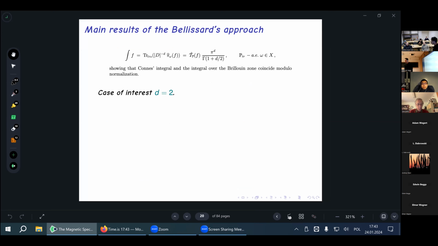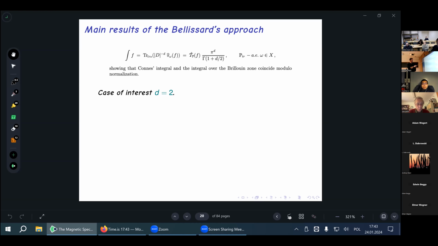There are some interesting results obtained by Melissa with this construction. This is the first interesting result that I want to stress. There is a formula relating two types of trace.